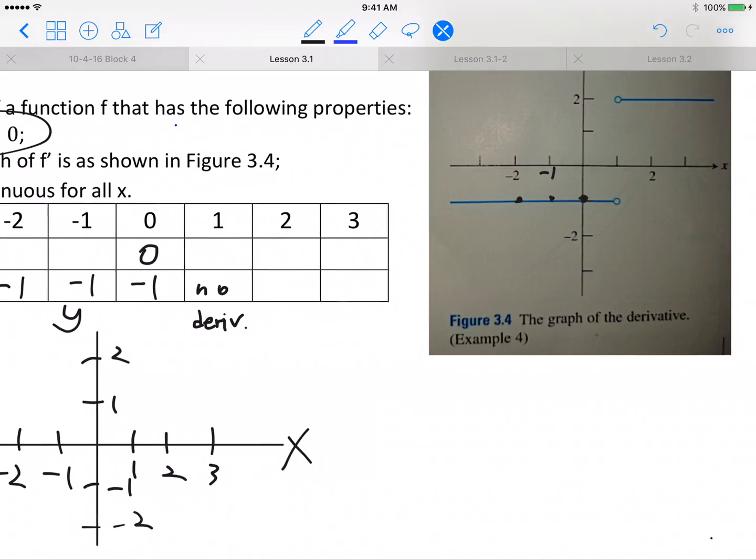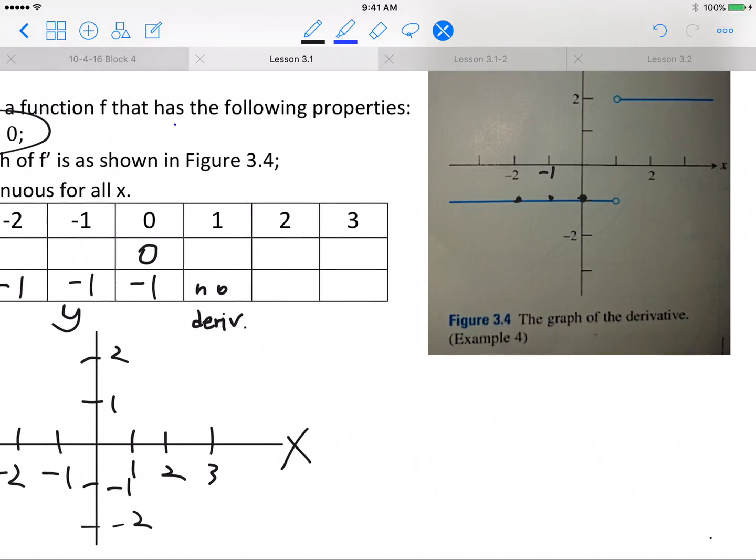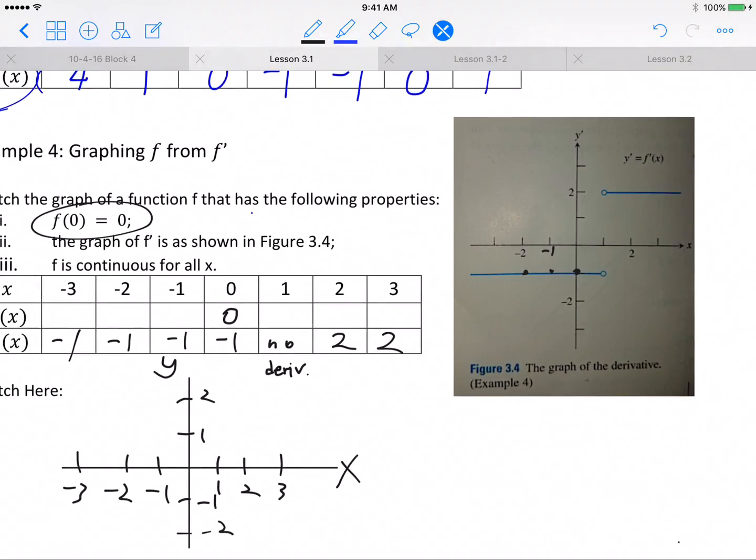But as soon as you get to the right side of 1, like 1.01, 1.1 or 1.2, your derivative value becomes 2. So f prime of 2 is 2, f prime of 3 is 2, and when x equals 4, 5, 6, it doesn't matter, it will still be 2. Your slope will be 2.